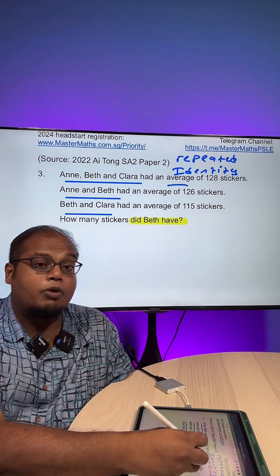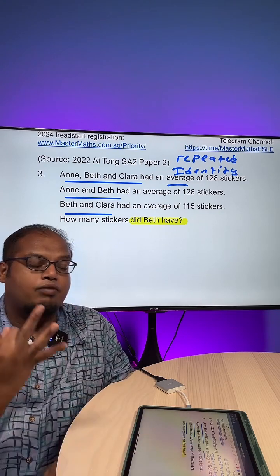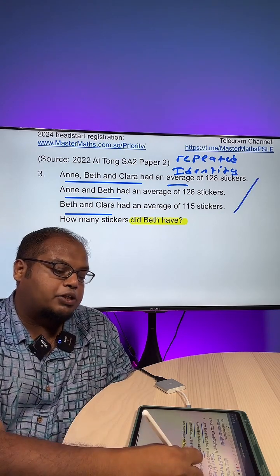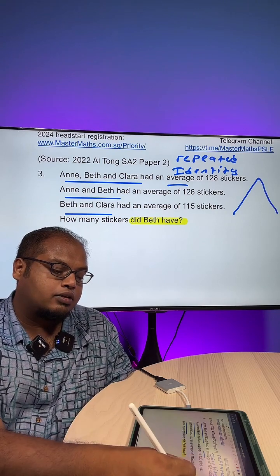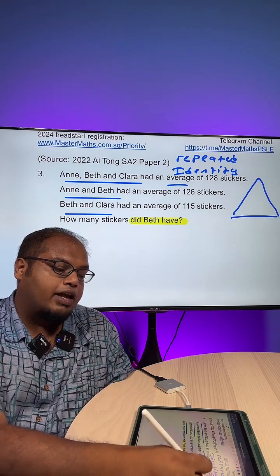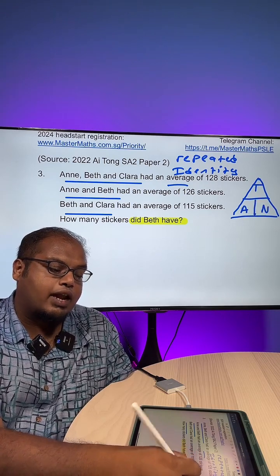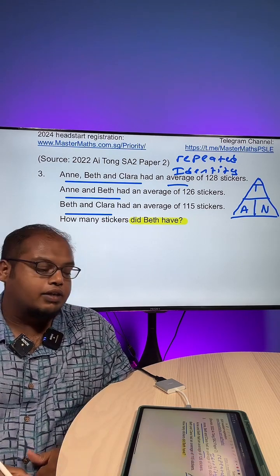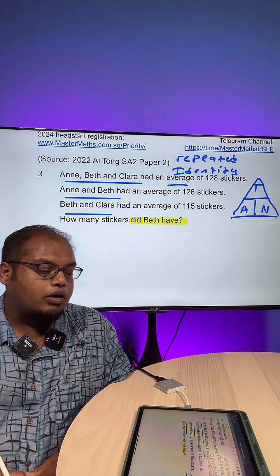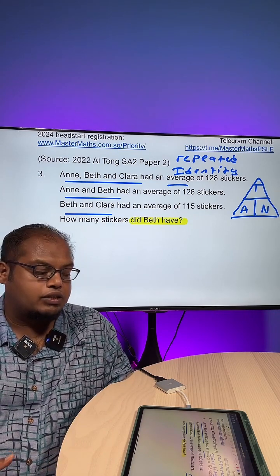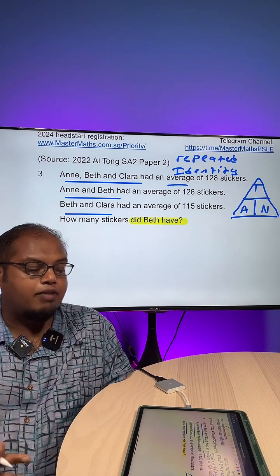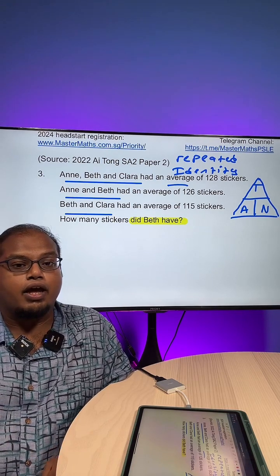When we are talking about average, there's 3 things involved, correct? Remember that triangle? There's the total, there's the average, there's the number. So if given the average of 3 persons, Anne, Beth and Clara, what is the missing item there?